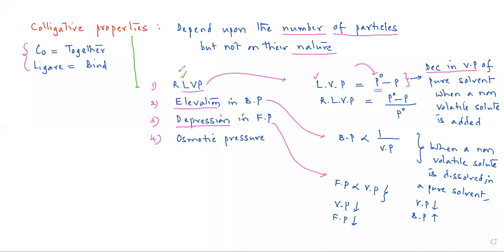Lowering is nothing but the decrease in the vapor pressure of the pure solvent when a non-volatile solute is added to it. When vapor pressure decreases, boiling point increases. When vapor pressure decreases, freezing point decreases. So these three are very much interrelated. Look at these things. And even these are very important.